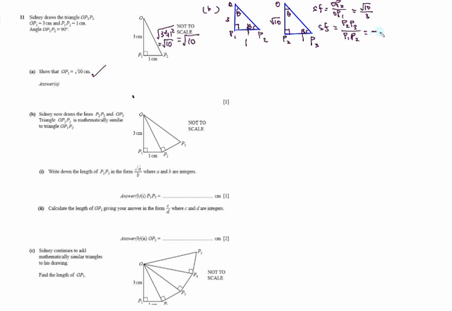P1, P2 we know is 1. So P2, P3 over 1. But the scale factor here is square root 10 over 3. Therefore P2, P3 over 1 gives you P2, P3 equal to square root 10 over 3. Okay?